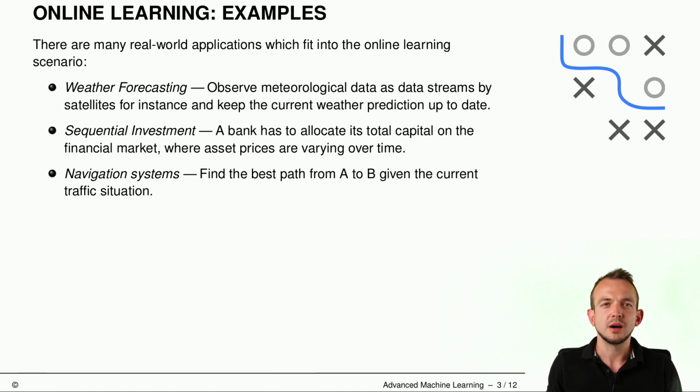Another example are navigation systems, where you essentially try to solve the problem of finding the best route from A to B. And here it's only interesting to look at the current traffic situation. Depending on what is going on in the streets, one path from A to B might be better than another.